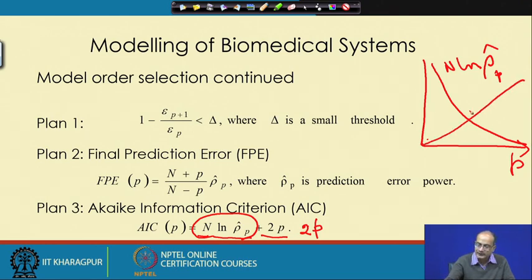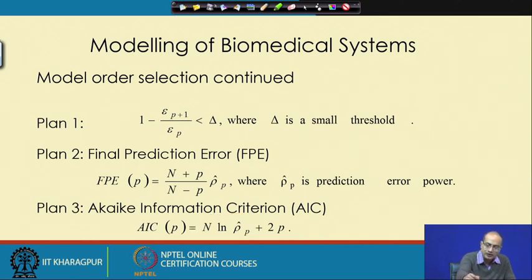So, we get the minimum where the two intersect, and that gives us the optimal model order. Okay, so that is about model order selection. We can use any of these techniques, and the last one is theoretically more sound and more accurate, though a bit more complex.